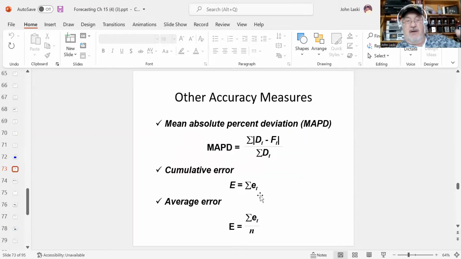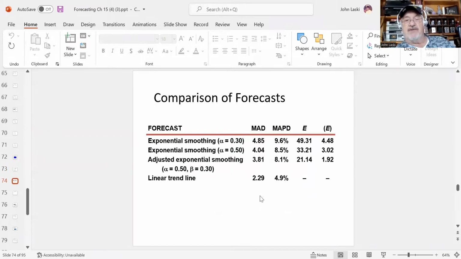We can then go on to mean absolute percentage deviation, cumulative error, average error, and so forth. But this is kind of what we're looking at. You see the error, exponential smoothing, where we weight demand data 30%, forecast data 70%. This was our cumulative error.